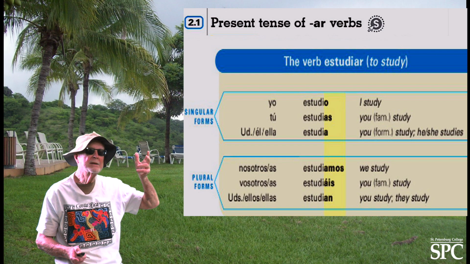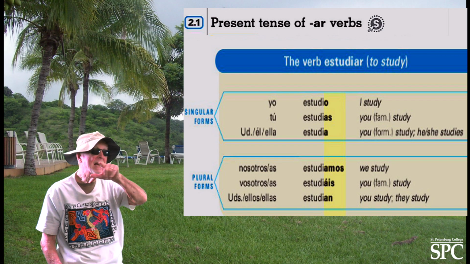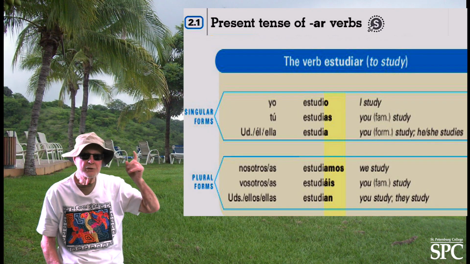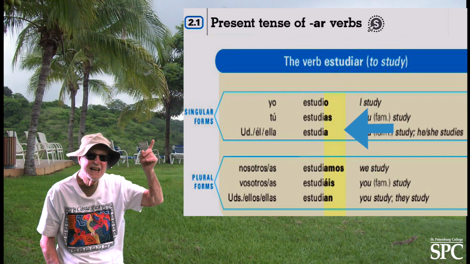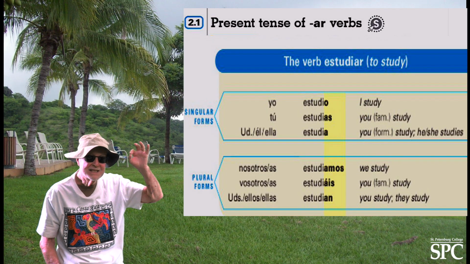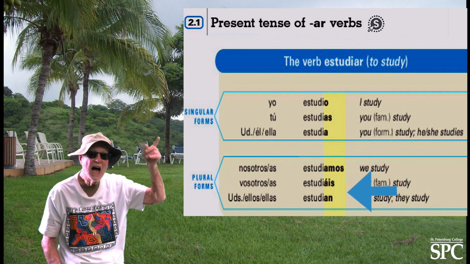So let's jump right in with the AR verbs, okay? This is right from your text. So it says, yo, and you see the yellow highlighted there, yes? It's o, as, a, amos, an. You skip the vosotros, okay? So o, as, a, amos, an.